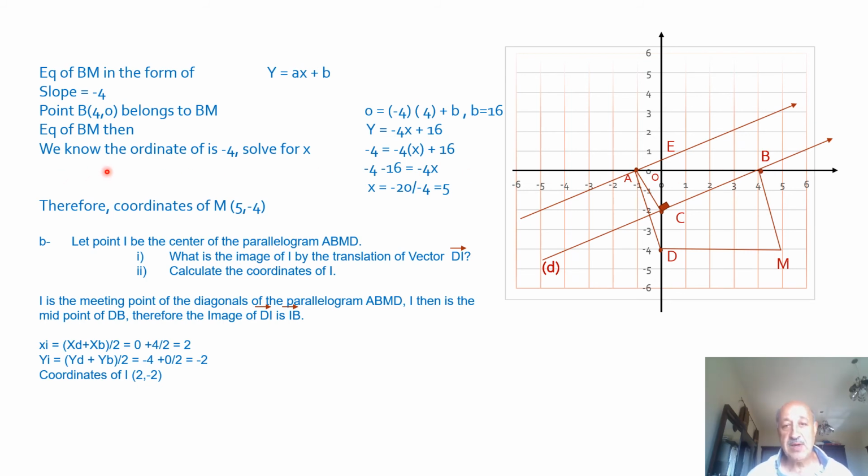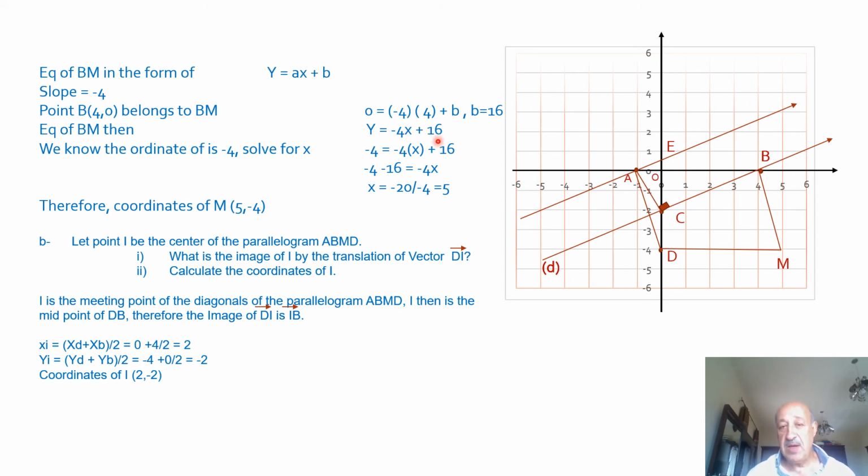I put 0 for y because B of 4 and 0 belongs to BM. Minus 4 times 4 plus b equals 0, so b equals 16. So the equation of line BM is y equal minus 4x plus 16.